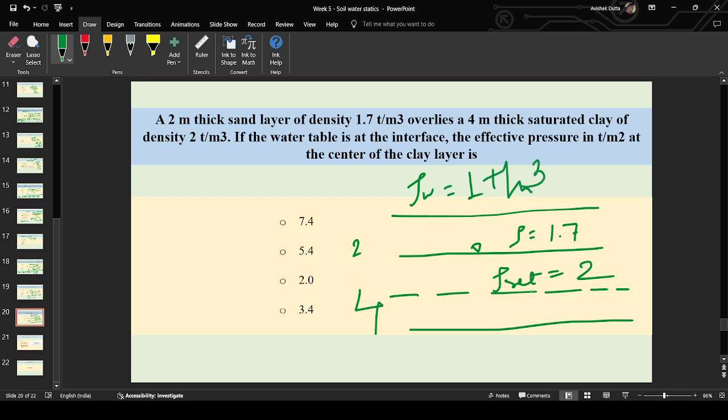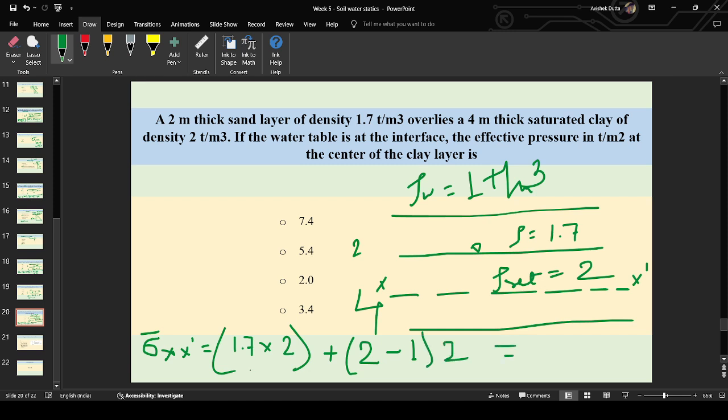Suppose this is point x, so effective stress at x equals the first layer, that is 1.7 into 2, dry, no water, so total equals effective, plus the second layer till 2 meter, that is half of 4, that is gamma sat minus gamma W, which gives gamma submerged, into depth 2.